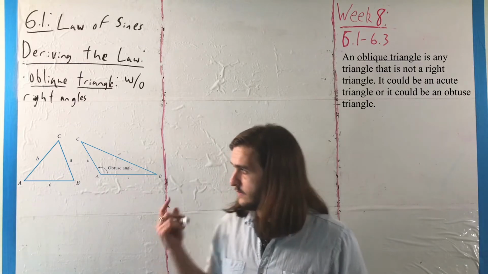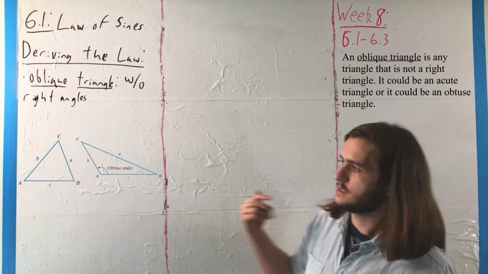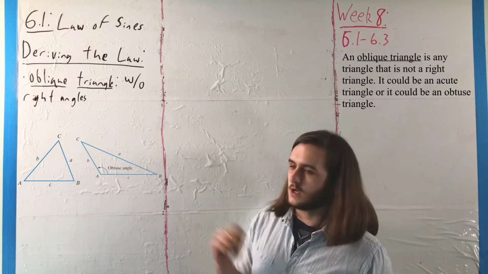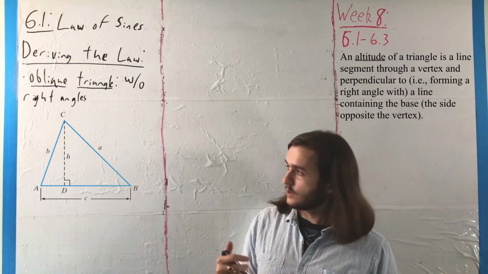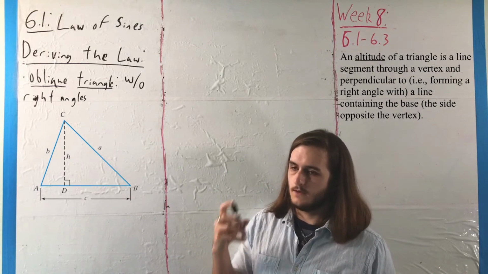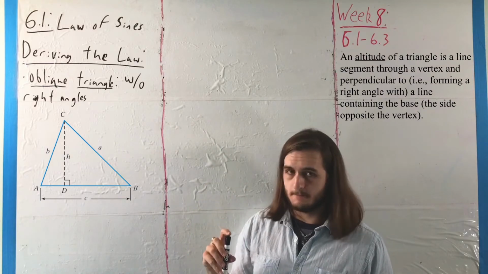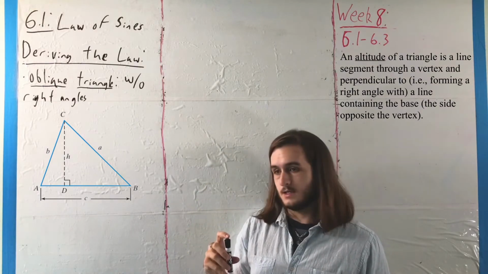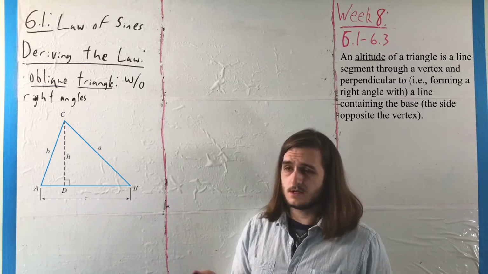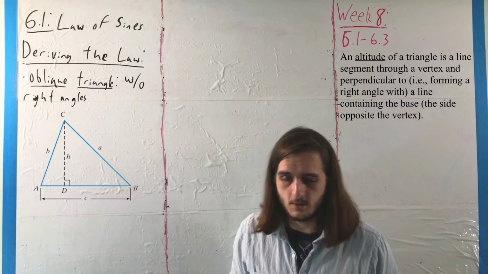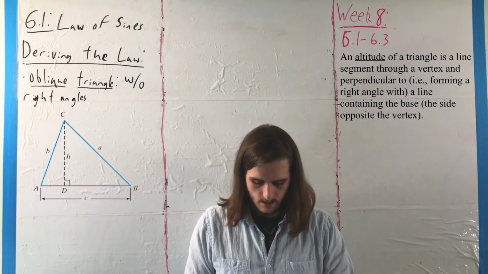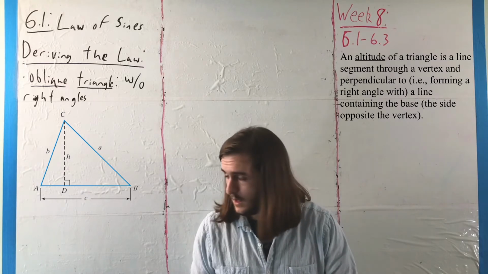Well, if we have something that doesn't have a right angle in it, we can instead talk about a thing called the altitude or height of the triangle, that we can take something that runs from one of the angles down to an opposite side directly through at a straight line to make a 90-degree angle, and thereby have ourselves, in a sense, two right triangles that we can work with, that we can pull out from the oblique triangle that we're working on.